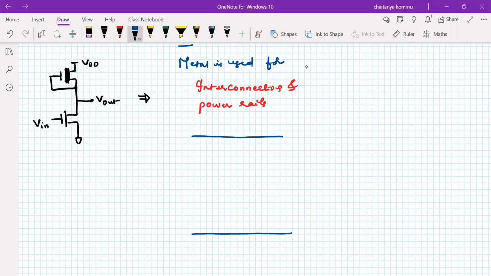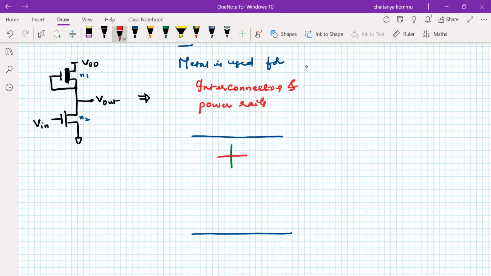Now we can see that the diffusion is available for the N1 transistor, and for example, this is the N2 transistor. First of all, I have to draw the power lines. Then I have to form the transistors. As you can see from the circuit, diffusion is vertical and polysilicon is horizontal.